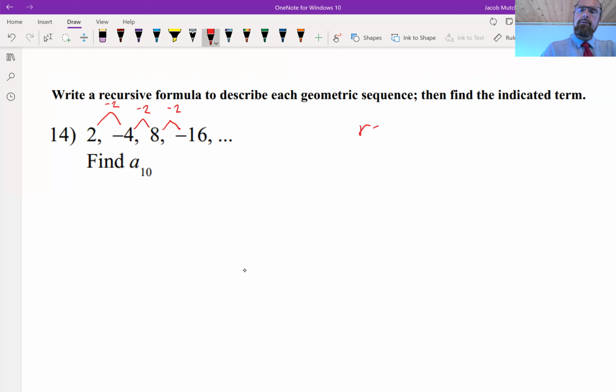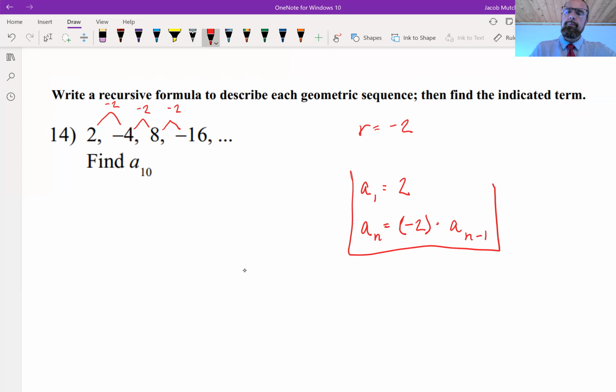So my r value is definitely -2. So if I'm going to write a recursive formula, I need to state my first term. a sub 1 is 2. And then for my formula, a sub n, it's going to be the growth rate, -2, times the previous term, a sub n minus 1. So that's my recursive formula.